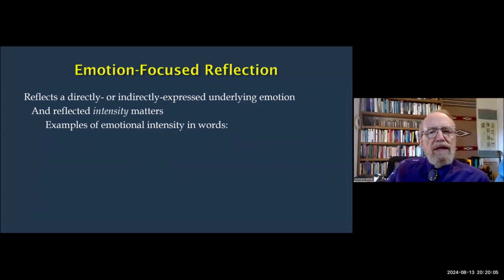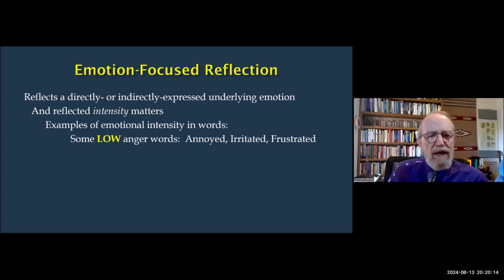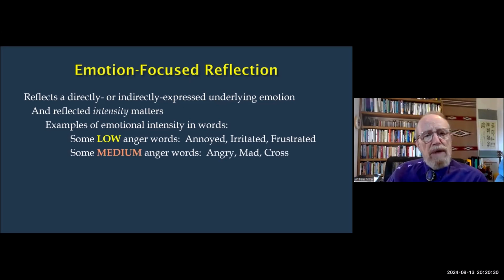And by the way, when you're reflecting a feeling, you're also choosing words that have to do with the intensity of the feeling. So here are some examples about the emotion of anger. In English, some low anger words are annoyed, irritated, frustrated. So they contain anger, but it's not at a high level in the word. Some medium anger words are angry, mad, cross with the person.